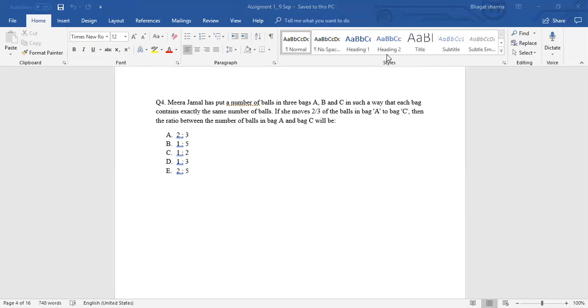Shashank, are you solving this? Shashank and Manu. Are you both solving this?